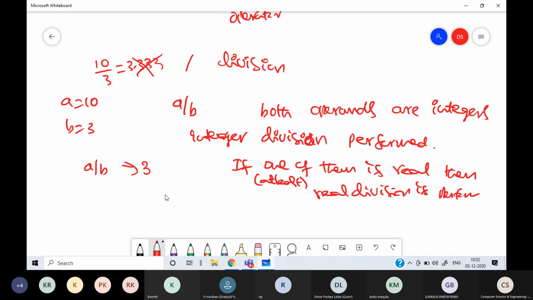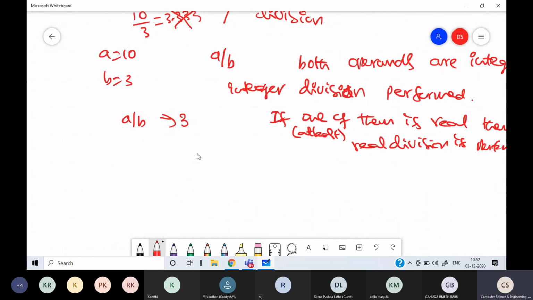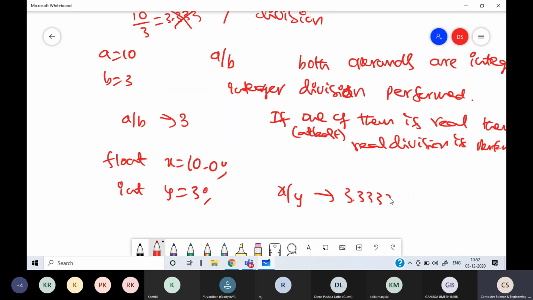Now, for example, suppose I declare float x equals 10.0 and y equals 3. If I say x by y, I'll get 3.333, because at least one of them is real, so real division is performed.